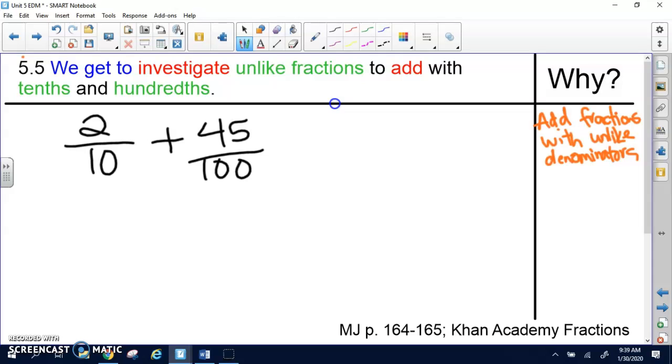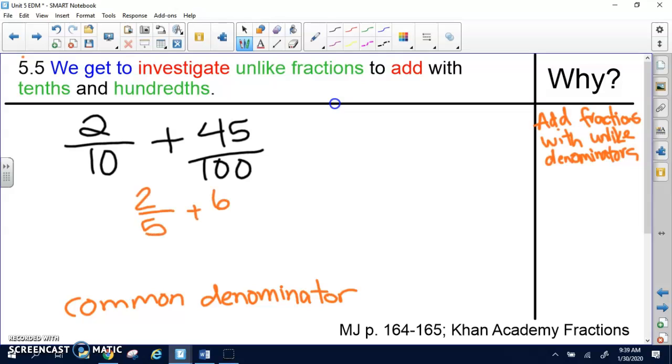So, unlike denominators. A couple of terms that you're going to hear moving forward: one term is common denominator, and we've said this before. We know this. If we have a fraction like 2/5 plus, say, 6/5, and we add these together, we add the numerators to get 8, but we do not add the denominators.